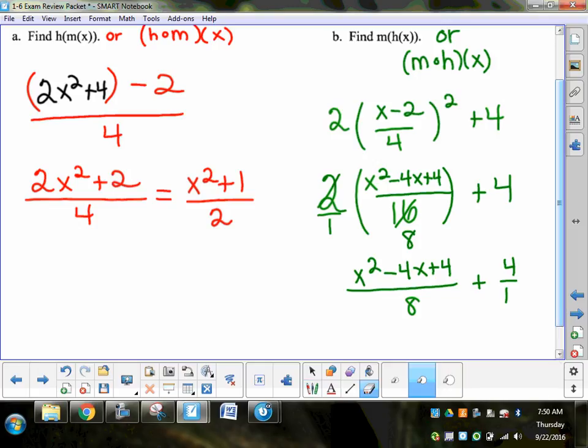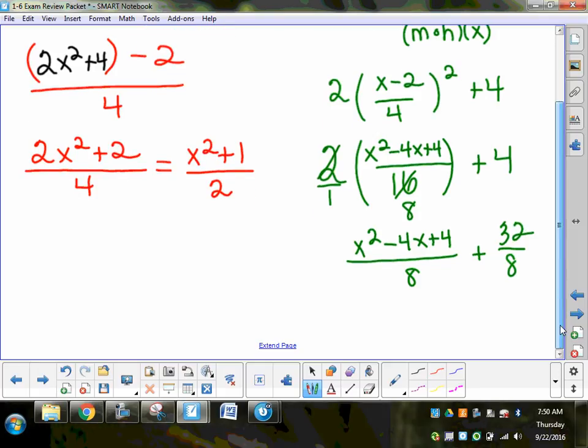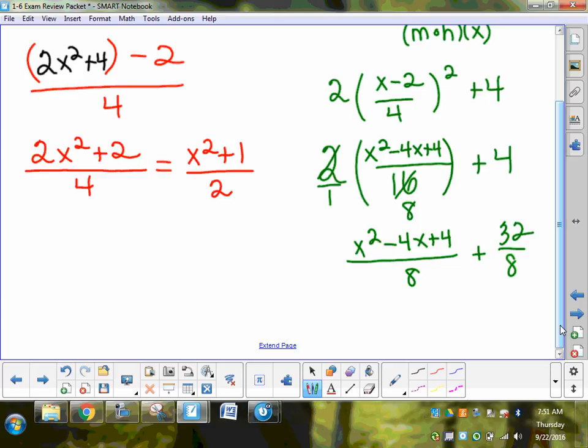So what is 4 if I express it as a fraction with a denominator of 8? What would the numerator be? 32. Now that these have common denominators, can I keep going further? Hands up, please, when you can tell me what your final answer is going to be.